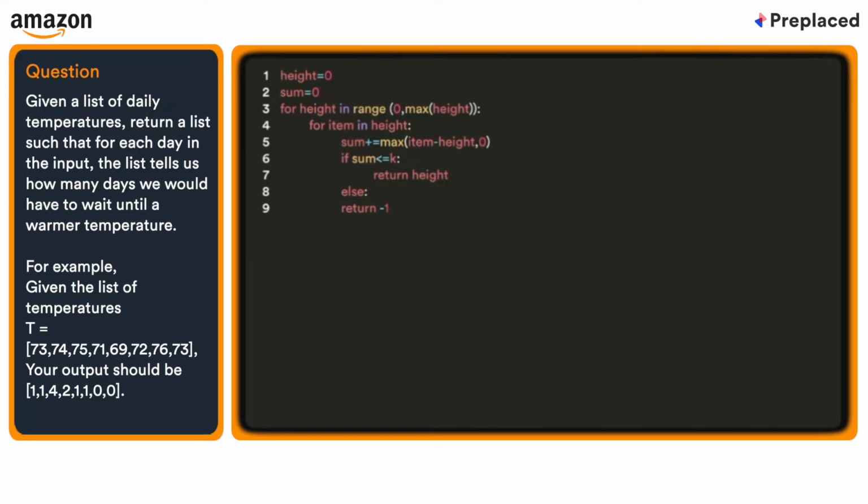Okay, 74, 73. I'm thinking of an approach here. I'm thinking of a counter C, and for every element, I compare with the next set of elements and increment the counter as long as the next temperature is lesser than the current temperature.